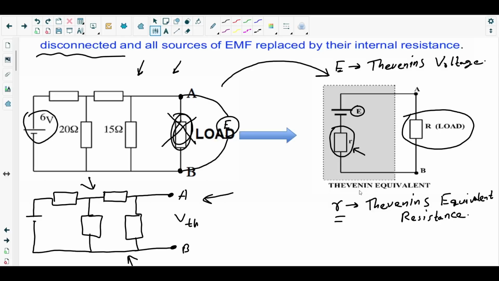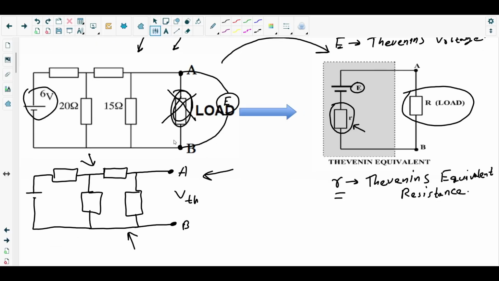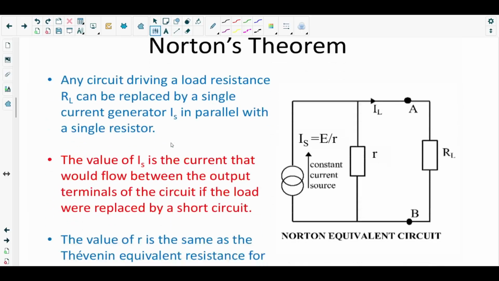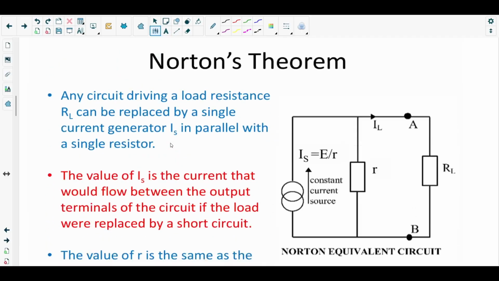Next is the Norton's theorem. Okay, so I'll explain both theorems first, and then we will go over some examples. 3 examples I have picked up for this video tutorial. Okay, so we have covered Thevenin's theorem. Now Norton's theorem.